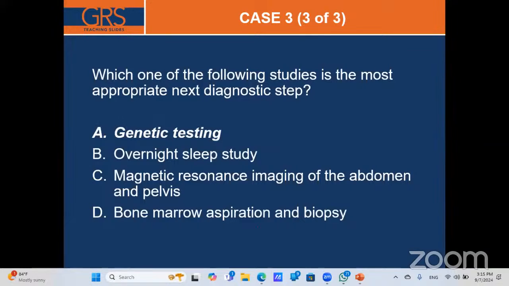Bone marrow aspirate and biopsy can be done if we have suspicion or atypical findings, like patients who have symptoms like splenomegaly, facial plethora, and hyperviscosity, while the hemoglobin level is not as elevated.